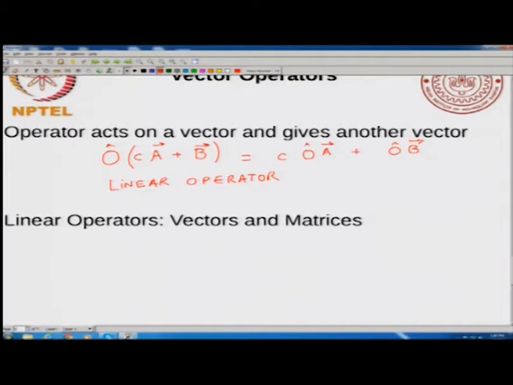So, for example, this is an example of linear operators. Last time we said, add a constant vector.